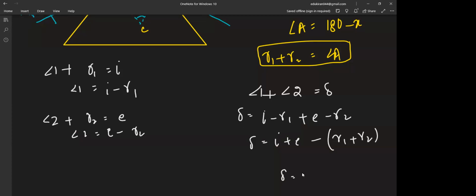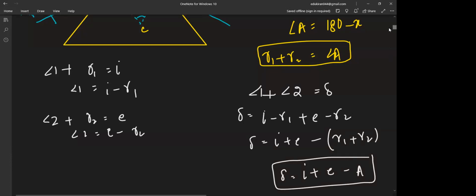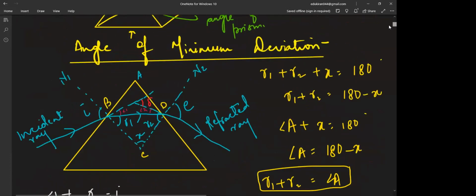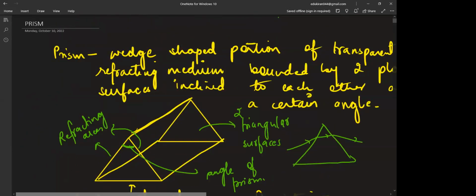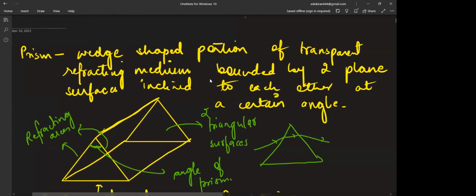So from here, I plus E, and what is R1 plus R2? This is A. So this is the equation. All right, so this is the angle of deviation from the prism. Write it down, then we'll see the conditions for minimum deviation. Yes, some of you were telling that you haven't written this. I have scored. Now you can write.